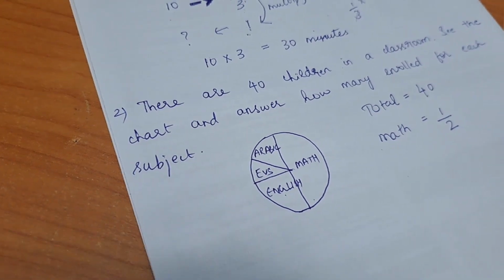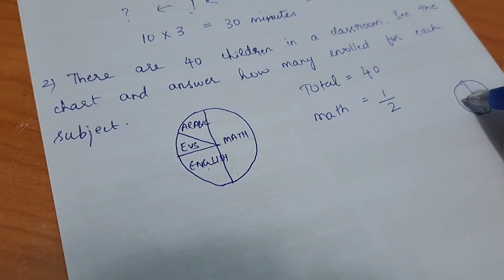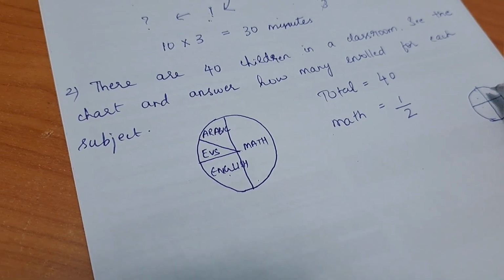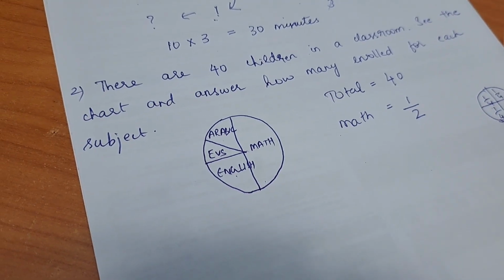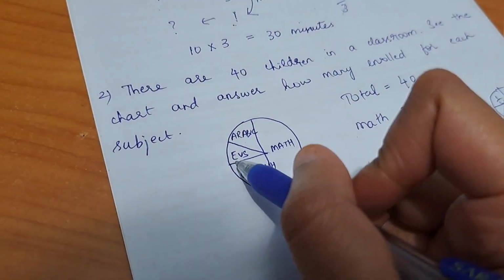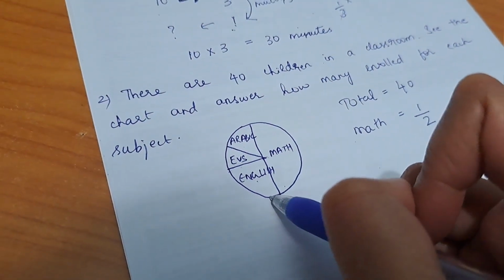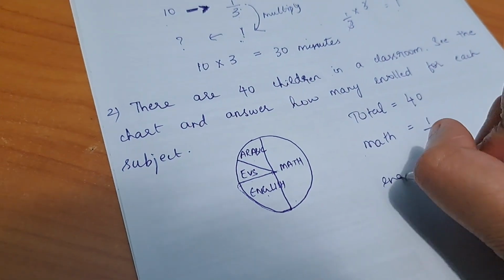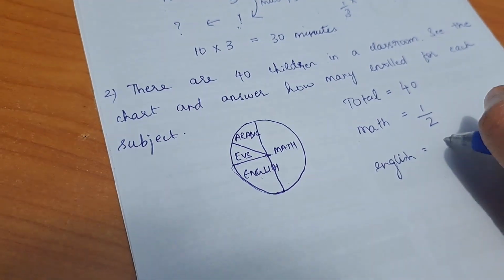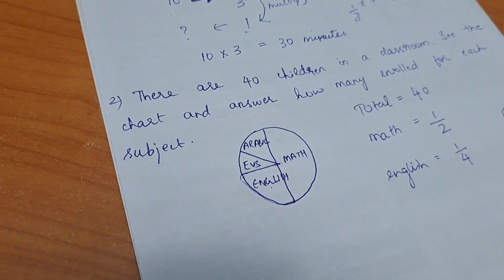These are the 2 halves. Now if I divide it further, this each one is a quarter. So I can see that English is occupying a quarter. So English is equal to 1 by 4.